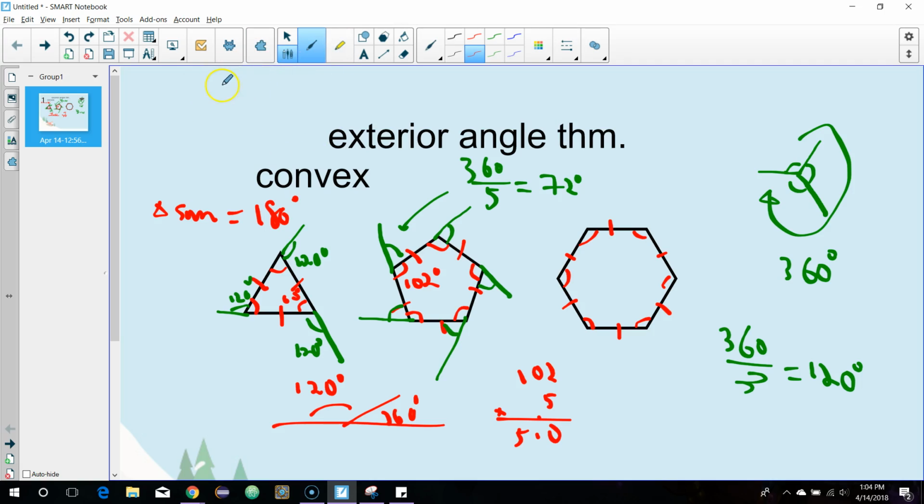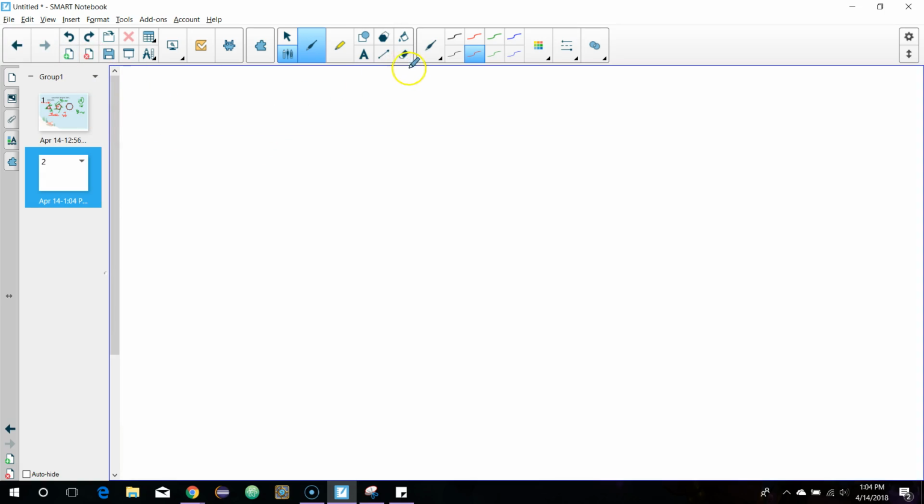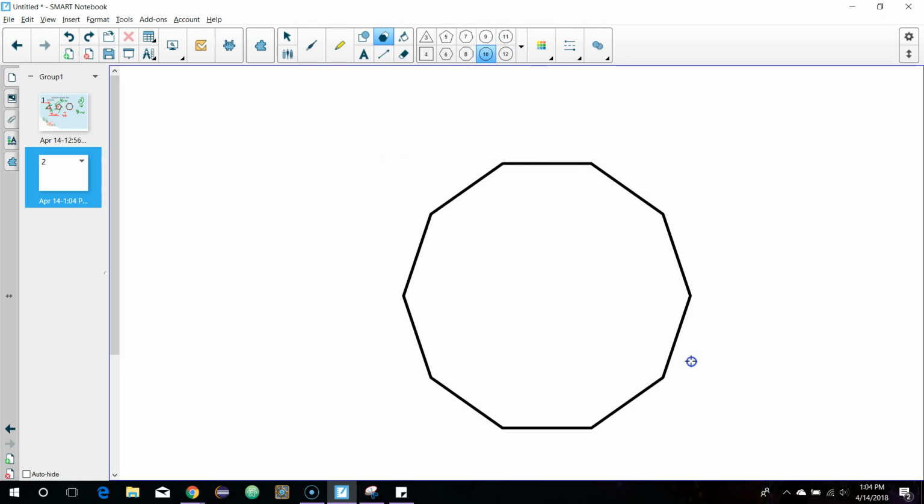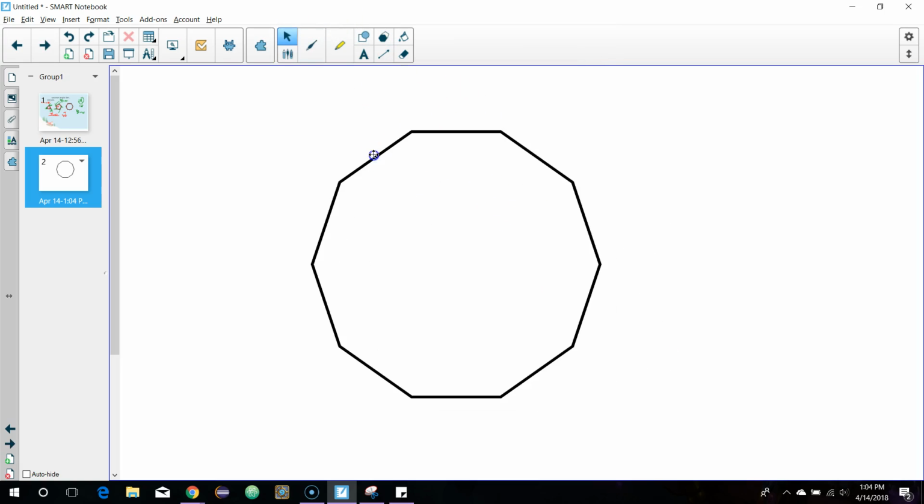Just do one more example. Maybe I shouldn't because I'm going to set a test for you guys. Let's just do one that I will not ask you. Maybe 10. Okay. So this regular polygon has 10 sides, or any polygon with 10 sides is going to work. So for the exterior angle, let's just extend one of these a little bit.